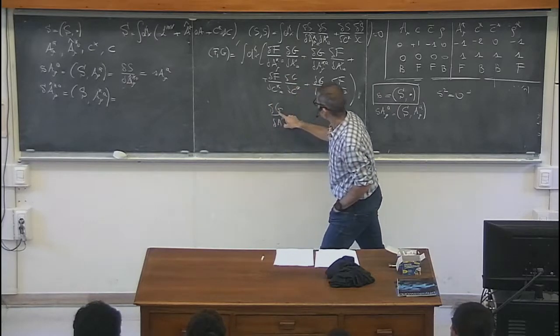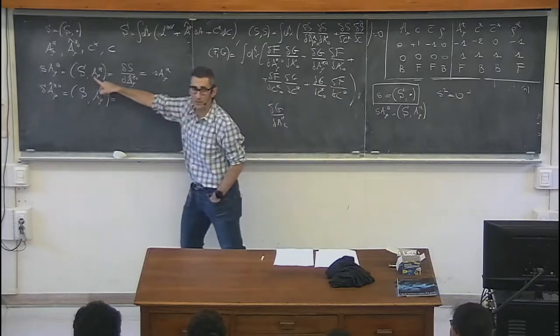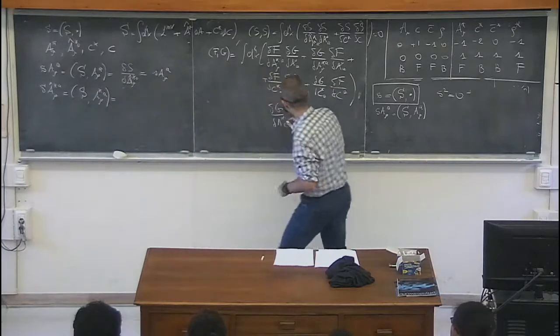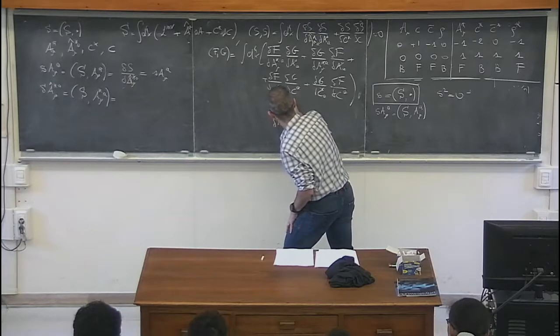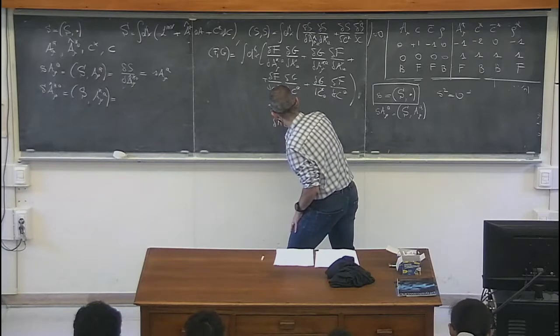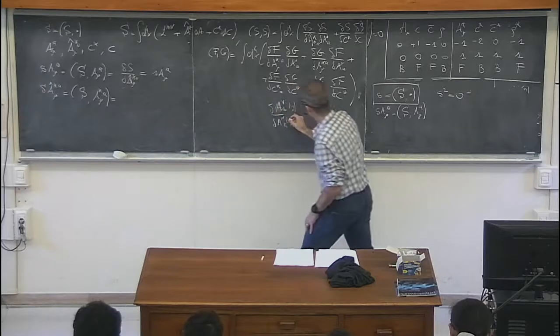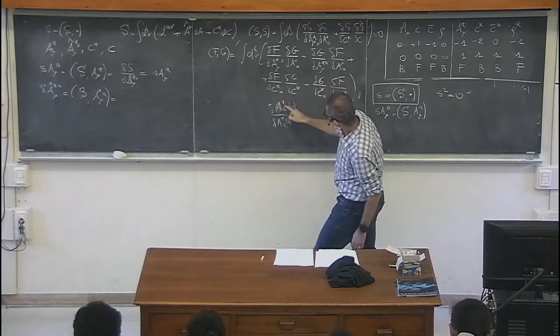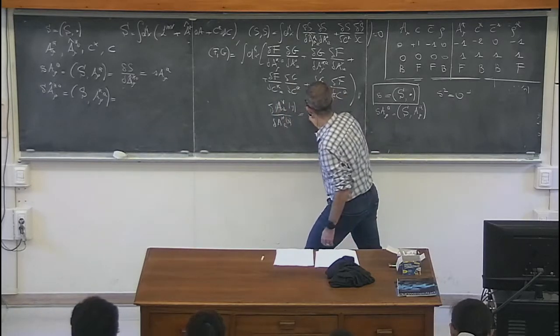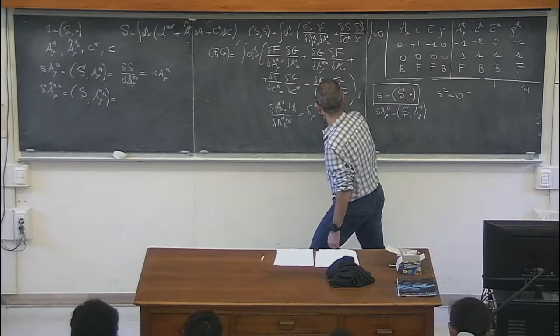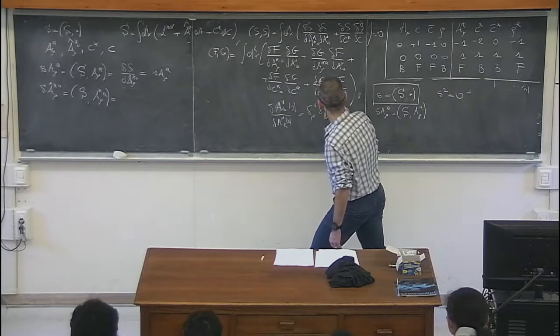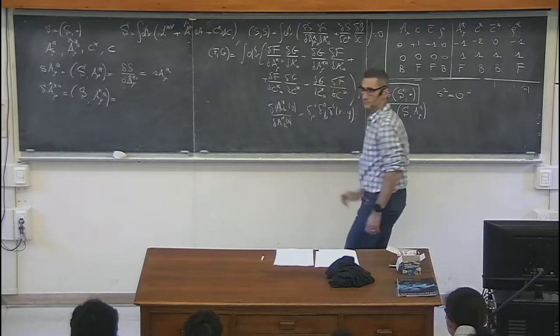Suppose that g is now a field, exactly this field, A mu b. Of course, this depends on x, this depends on y. If I calculate this functional derivative, this gives me the following: delta mu nu, delta ab, and the delta of x minus y.